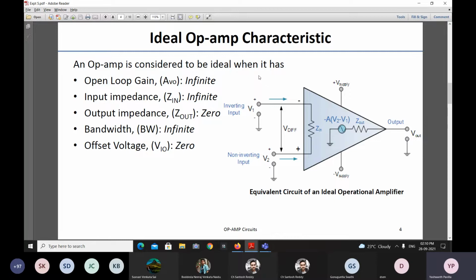Also, whenever we connect the input terminals to ground, the output must be zero. That is the meaning of zero offset voltage. So we expect an ideal operational amplifier to perform in this manner, right? Now let us get into the first part.